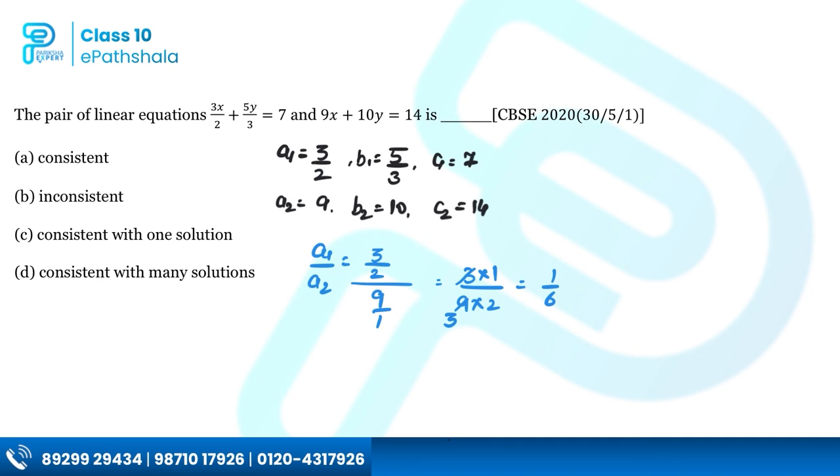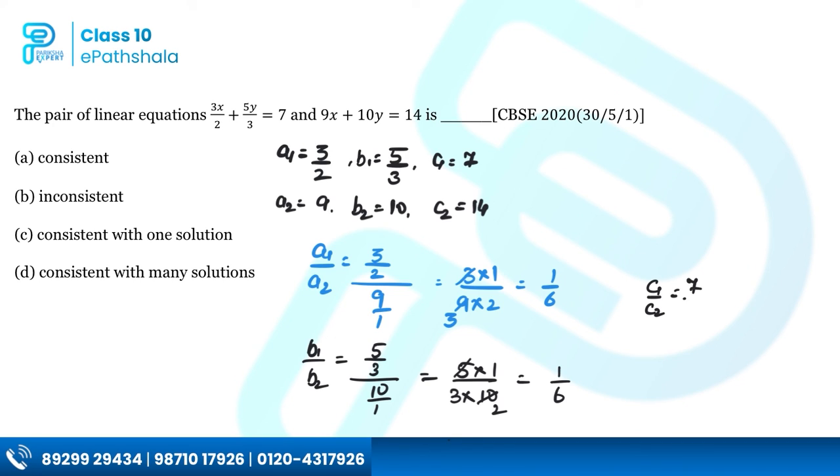We have b1 is given as 5 by 3, b2 is given as 10. So let us write 10 by 1. We can have this as 5 into 1 by 3 into 10. This goes 2 times. We will have 1 by 6. So a1 upon a2 and b1 upon b2 are coming out to be equal. Now let us check what is c1 upon c2. c1 by c2 is coming out to be 7 by 14, which is 1 by 2.